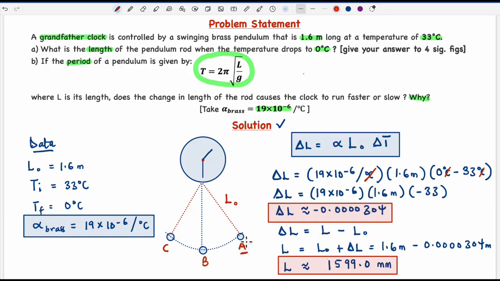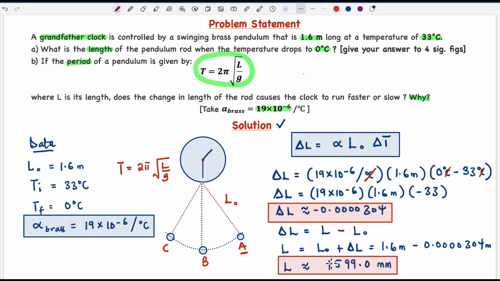For a swinging pendulum, the period is given by T equals 2 pi square root of L over g. Here we can see that the period is proportional to the square root of L. Thereby, increasing L increases the time it takes to make one complete cycle, and decreasing L decreases the time it takes to make one complete cycle.